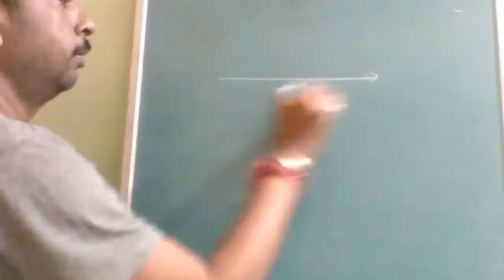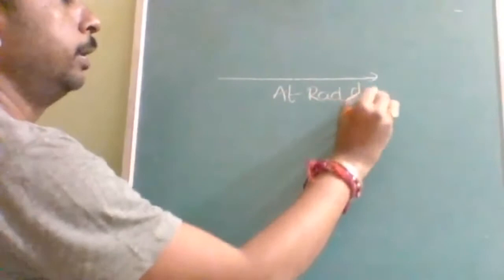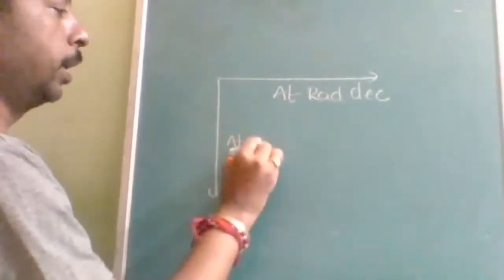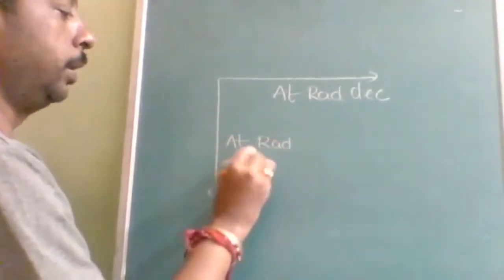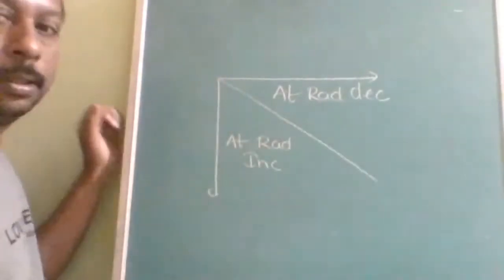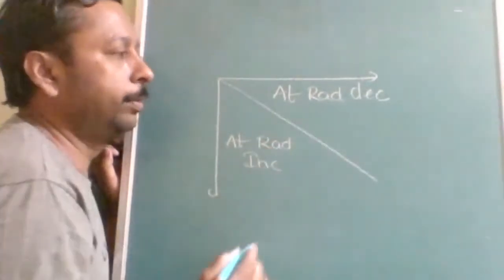In the previous lecture, we understood that from left to right, atomic radius decreases, and from top to bottom, atomic radius increases.